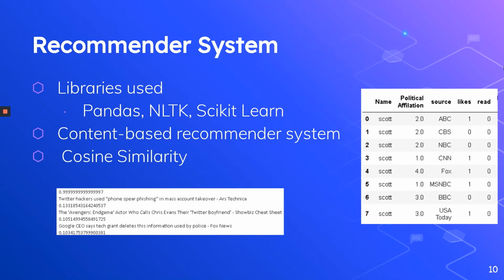Specifically, referring to the recommender system, we're using a content-based recommender system. What that is, is that it compares item to item. It finds similarities in items and recommends the most similar item to another item.